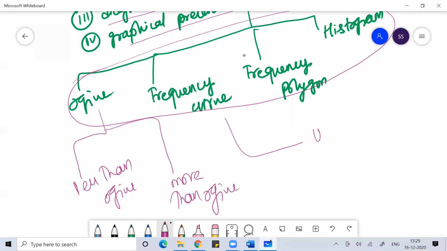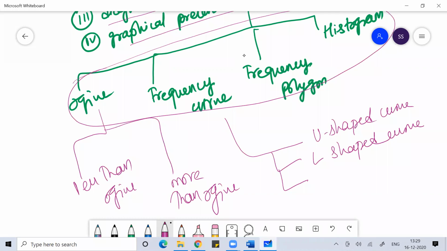We'll discuss what is a frequency curve. A frequency curve can be a U-shaped curve. It can be an L-shaped curve. It can be the diagram of normal distribution. What is the name for that?